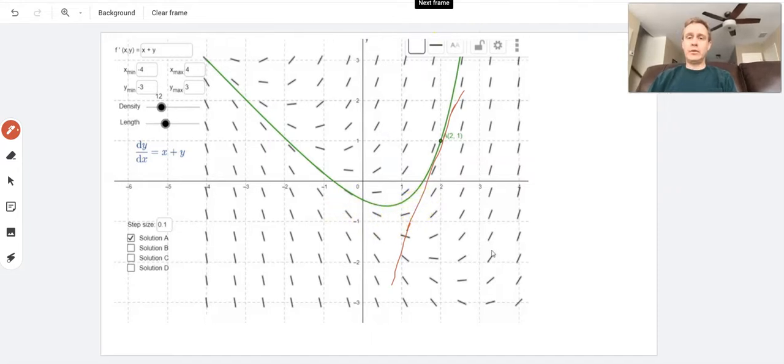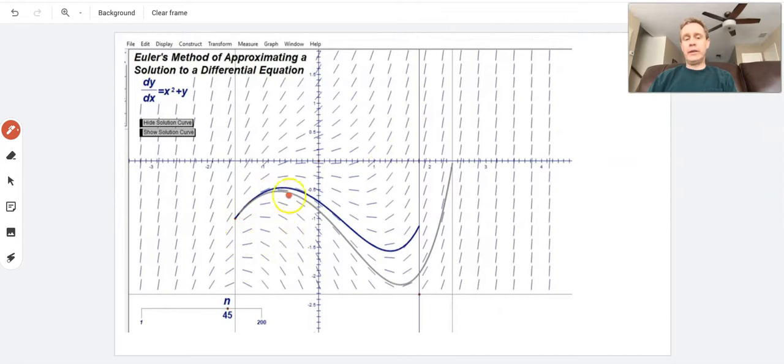And so if you recall in class, I showed you this particular slope field with this particular solution, and instead of having just a single tangent line at a single point to help approximate our function over here, you'll notice there are 45 tangent lines that have been used to slowly approximate successive y values to ultimately get to a close enough value for what the y value is on our function over here.